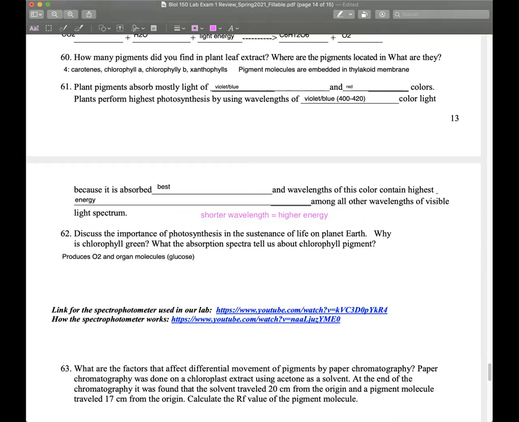It produces those things which organisms require. It also removes carbon dioxide from the atmosphere, which is great.